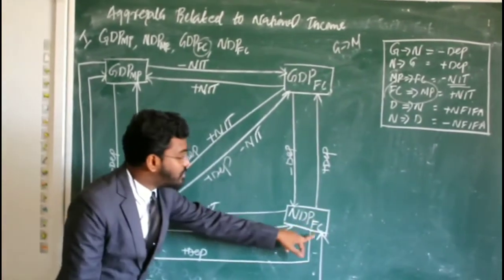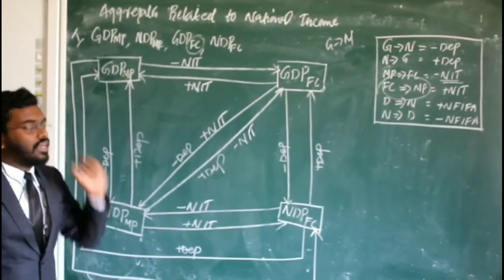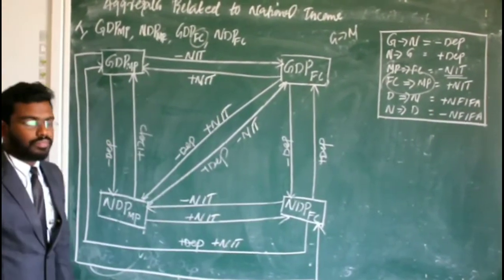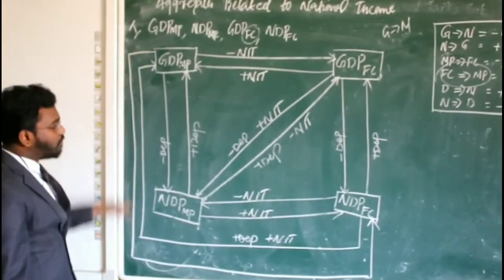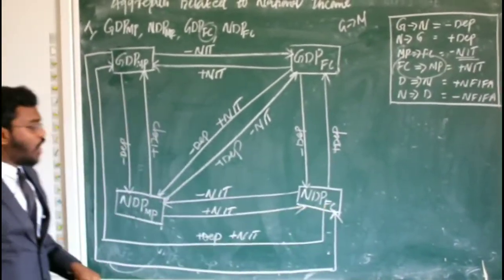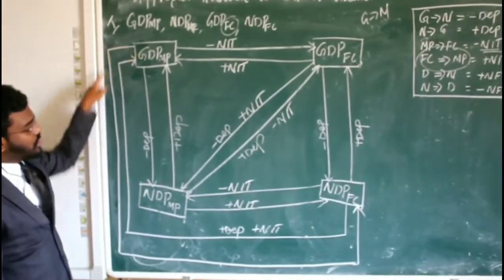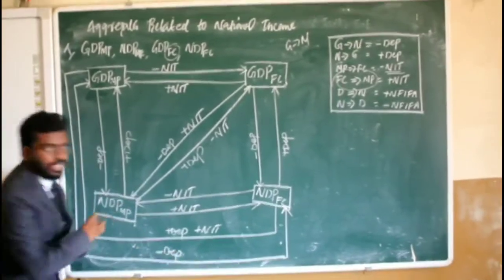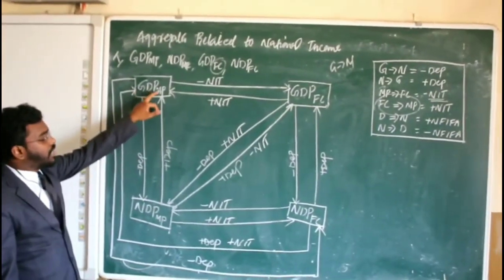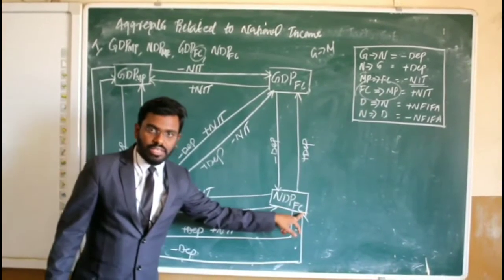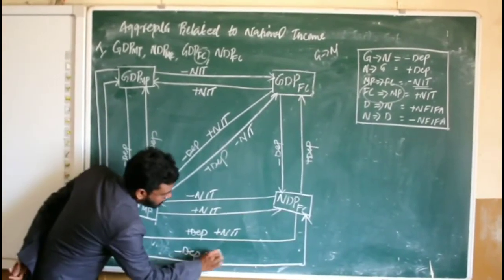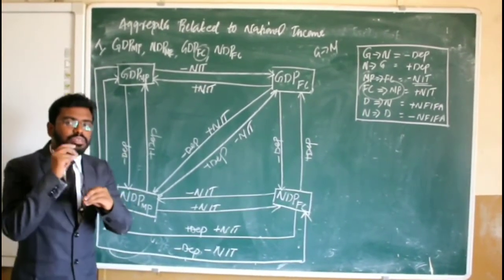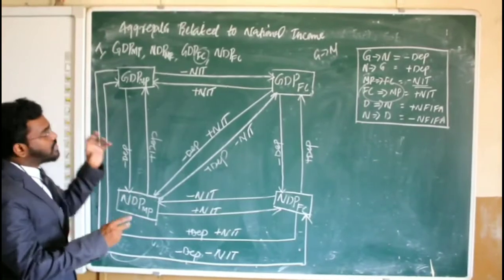Then FC into MP, that is plus NIT. Next one, that is GDP-MP into NDP-FC. First we convert G into N, gross into net, minus depreciation. Next, MP into FC, minus NIT. Okay, so these are the concepts related with domestic product.